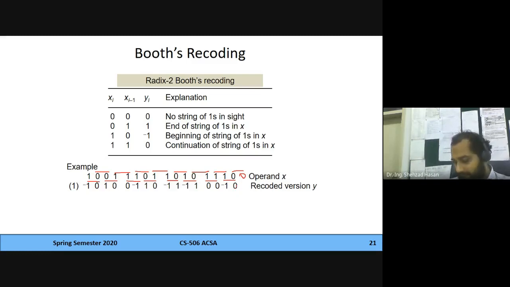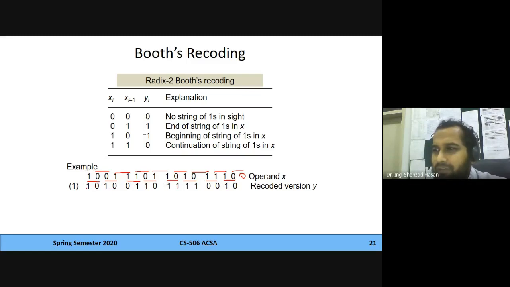Now in this example, it's not going to be evident what the advantage is. If you can see, we have 1, 2, 3, 4, 5, 6, 7, 8, 9, 10 ones, and we converted into recoded form, where we look at ones or minus ones: 1, 2, 3, 4, 5, 6, 7, 8, 9.